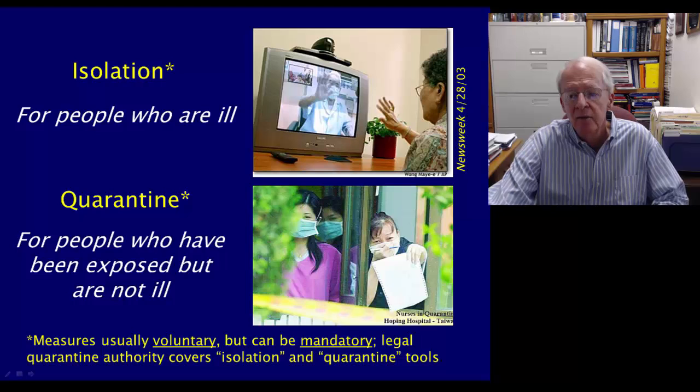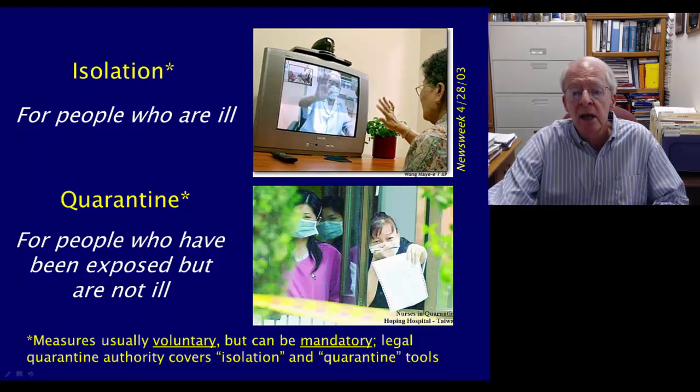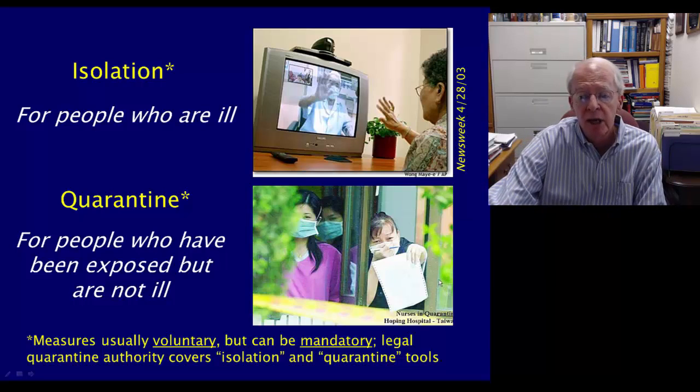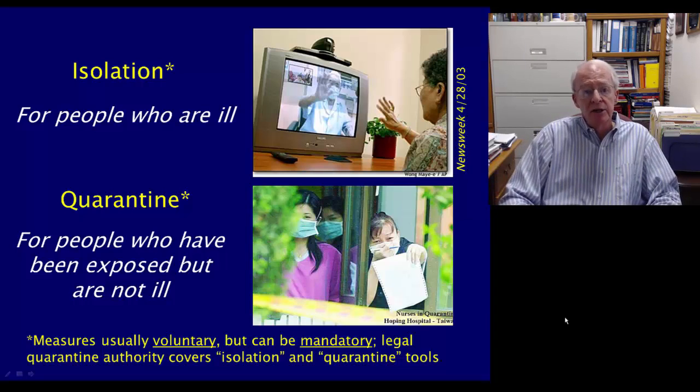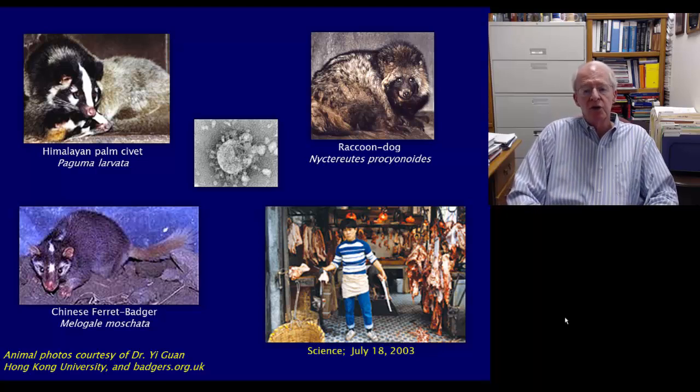And these individuals are nurses in a hospital in Taiwan who have been placed in quarantine for observation following their exposure to infected patients, and they have not yet become ill. These measures are usually voluntary, but they can be mandatory. Legal quarantine authority does cover both isolation and quarantine tools, and it was these tools that were effective in stopping the local and global spread of SARS.